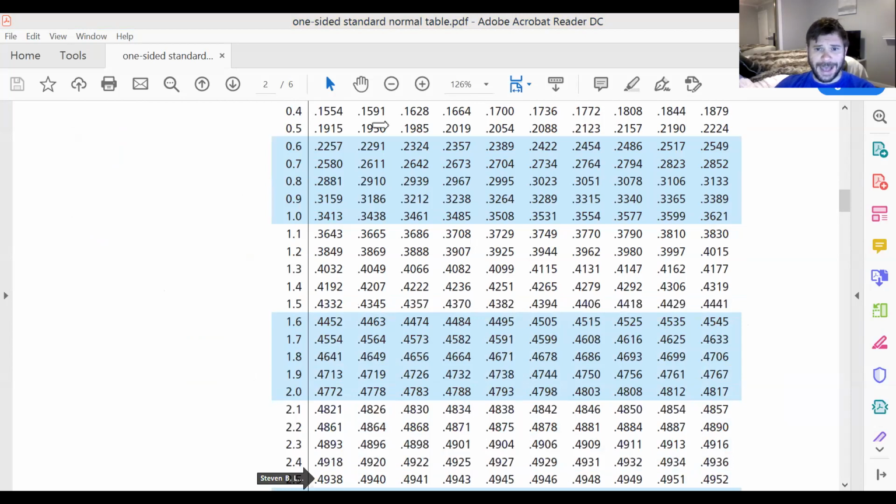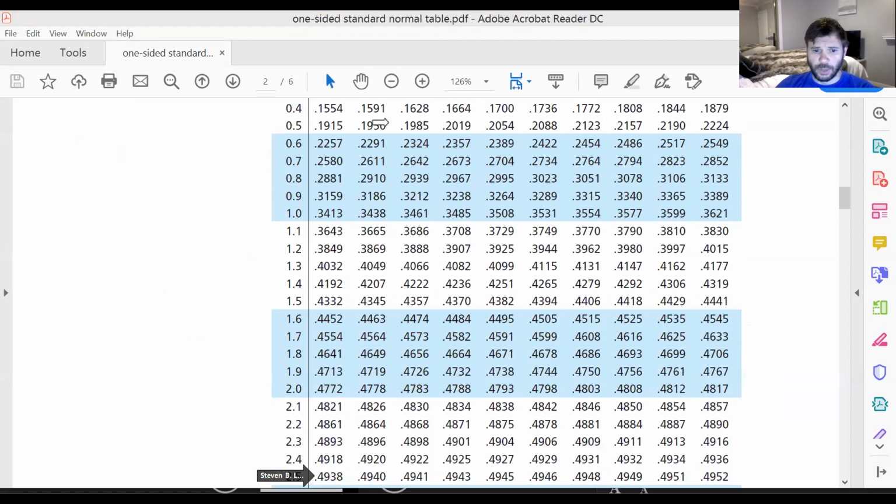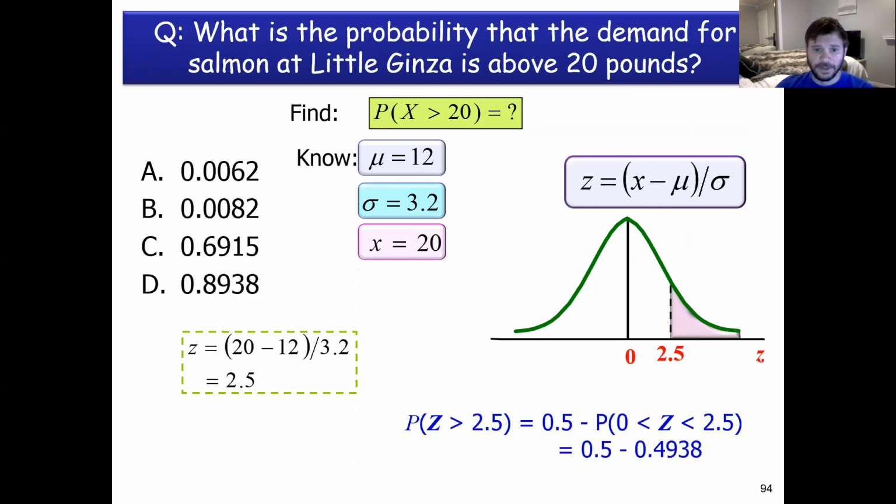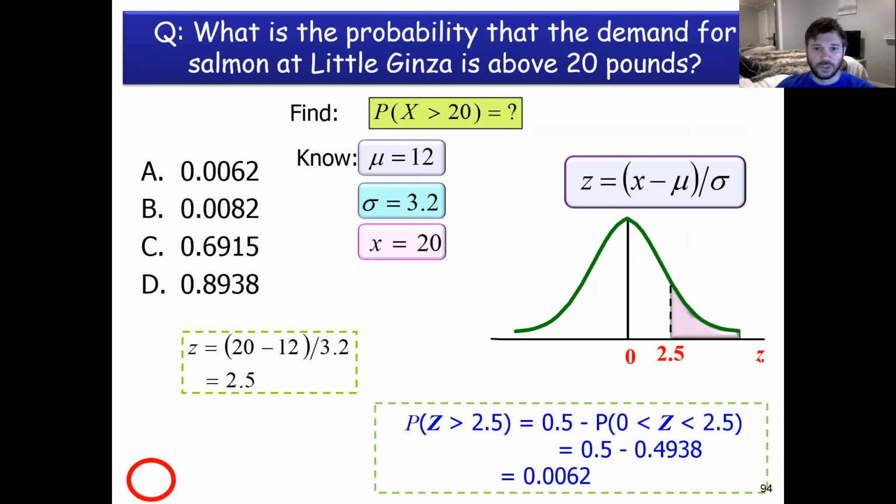Let's jump back to our picture. The value we're looking for is 0.4938. We can substitute that in for the probability that z is between 0 and 2.5. Subtract that from the entire right half area, and that'll leave us with just the upper tail here, which is a very, very small probability, about 0.62%, which is choice A.